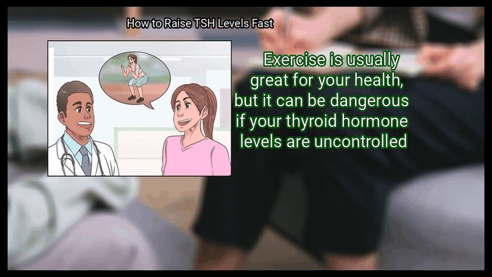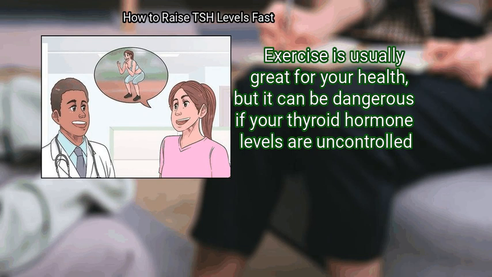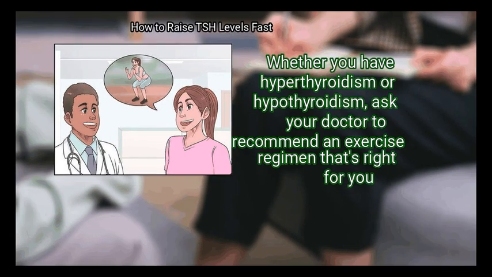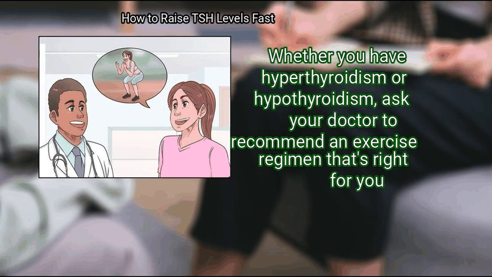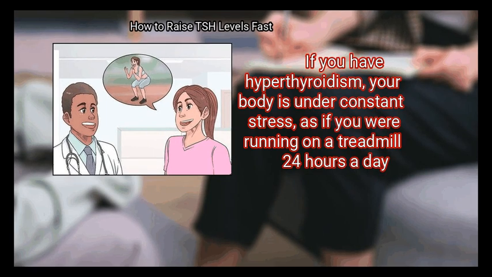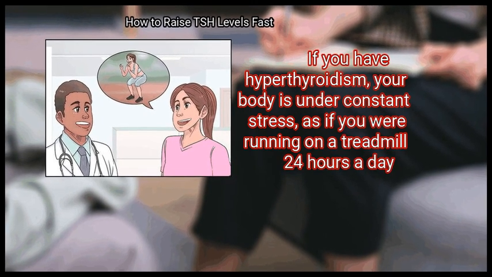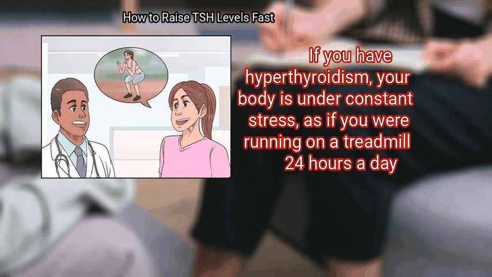Exercise is usually great for your health, but it can be dangerous if your thyroid hormone levels are uncontrolled. Whether you have hyperthyroidism or hypothyroidism, ask your doctor to recommend an exercise regimen that's right for you. If you have hyperthyroidism, your body is under constant stress, as if you were running on a treadmill 24 hours a day.